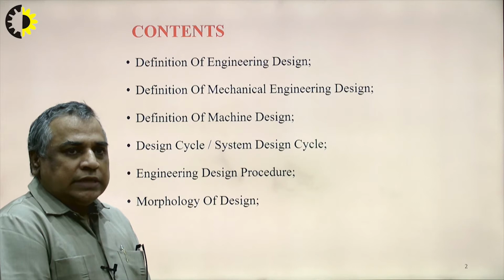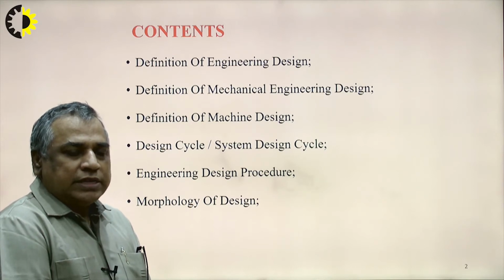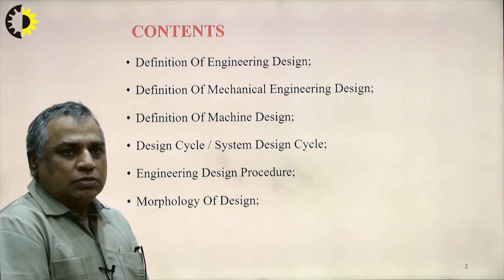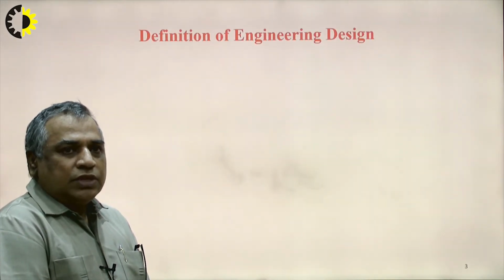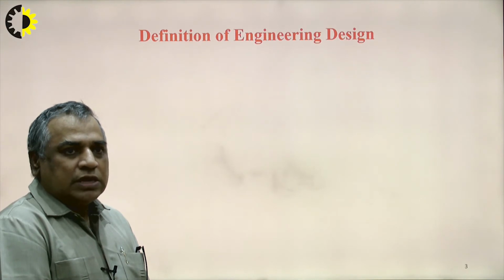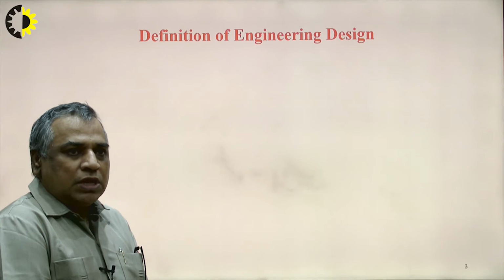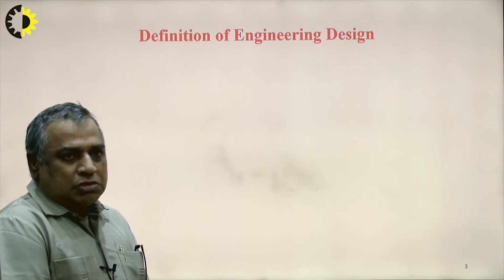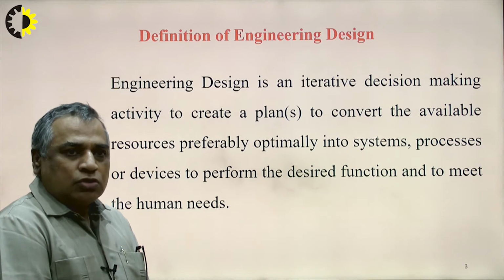Now, what is engineering design? As I have already mentioned, engineering is the applied science which we use for making life easy for human beings. So the definition of engineering design is creating a plan to convert the available resources optimally into systems, processes and devices to solve the problems faced by human beings.